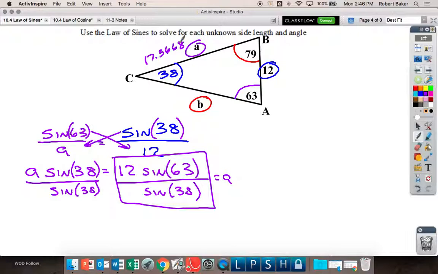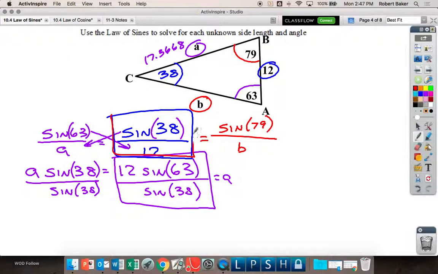So I already have my blue equation set up. I know it's correct. So I can use this blue equation or this blue proportion to solve for the red one. The red equation looks like this. Sine of 79 over b is equal to sine of 38 over 12.